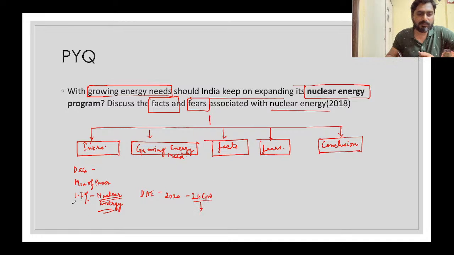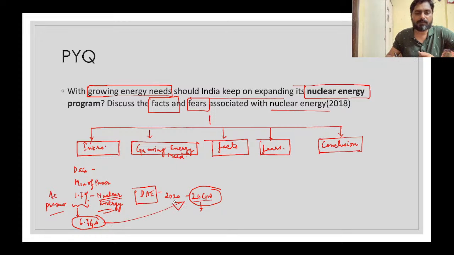At present, gigawatt wise, we are producing 6.7 gigawatts, but the target given by Department of Atomic Energy by 2020 was 20 gigawatts. So you can see that there is a lag with respect to nuclear targets.